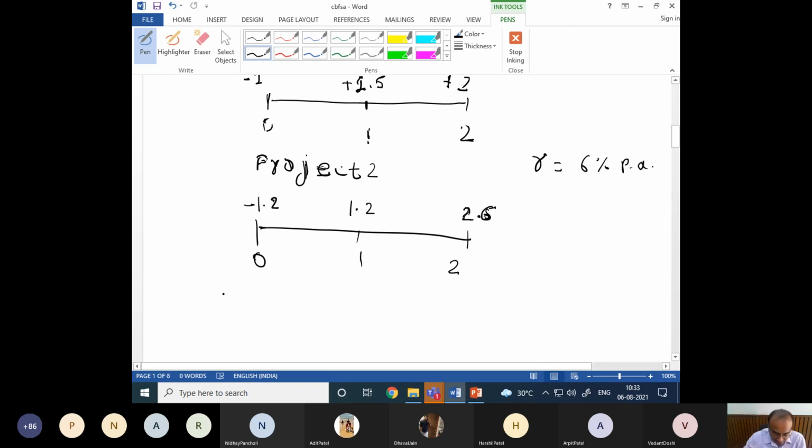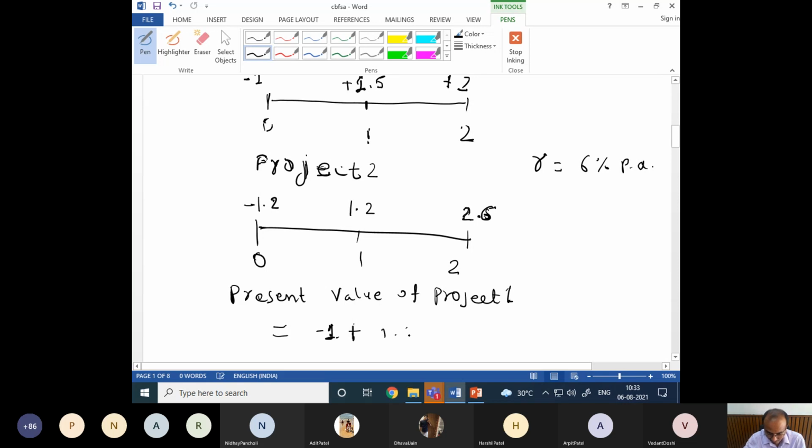So what do I calculate? The present value of both the projects. So I calculate the present value of, say, project 1. Now what is the present value of project 1? Right now I am investing 1 million, so it is -1, plus I am receiving 1.5, but that is after 1 year, right?